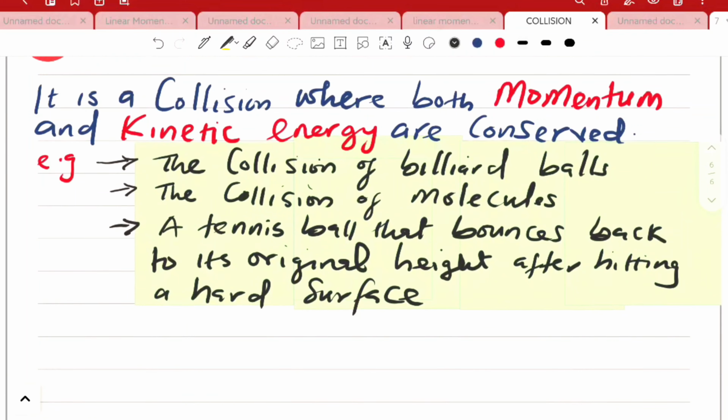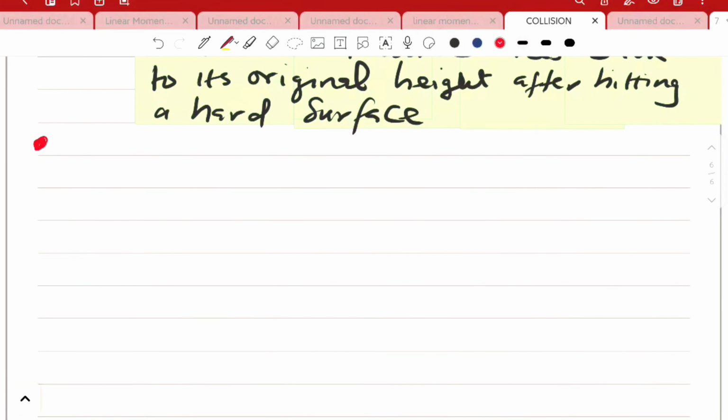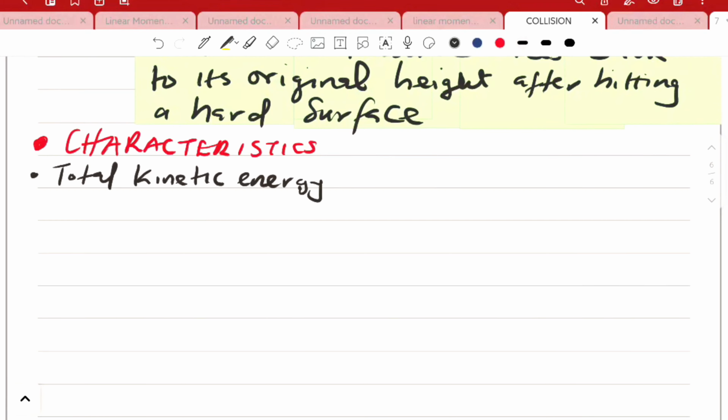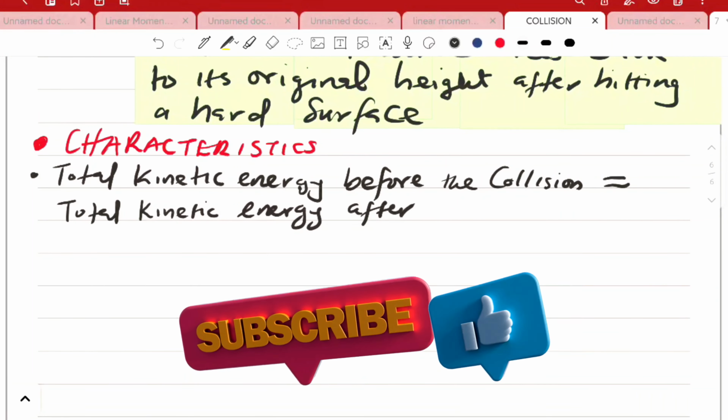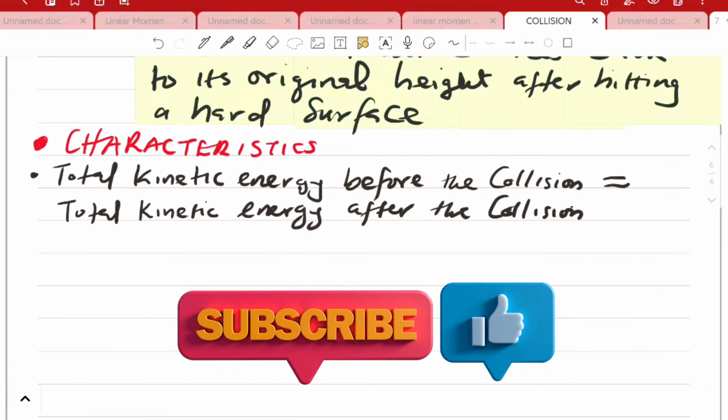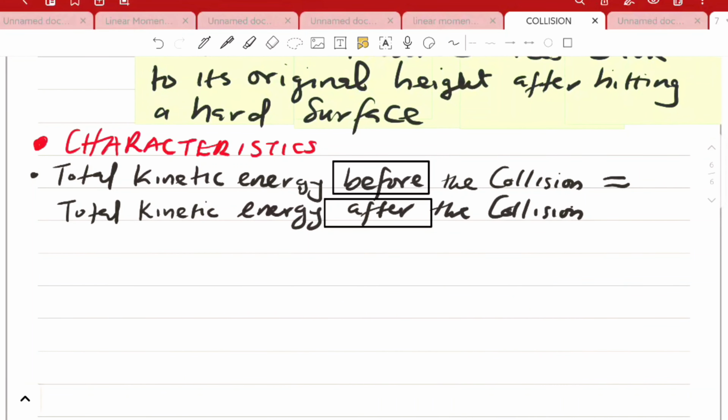Now, if we proceed further, you realize that this collision has its own characteristics. Number one, the total kinetic energy before the collision will equal the total kinetic energy after the collision. When you deal with kinetic energy, before, after, very important.